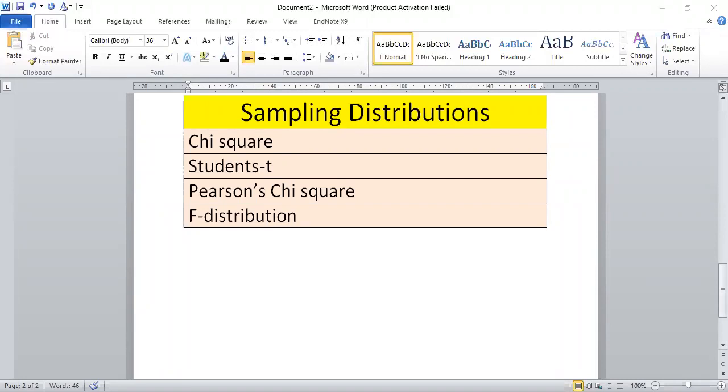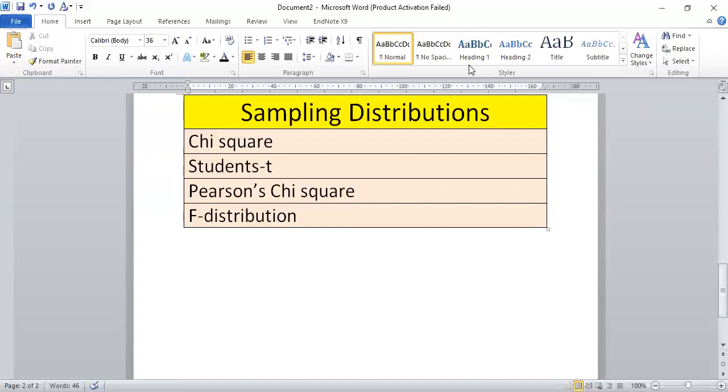Now come to another main important topic, that is the transformation of the distribution, or you can say the conversion of the distribution. When you are memorizing or learning distributions, your main focus must be on their properties.